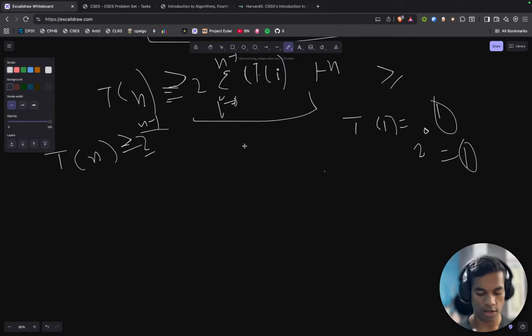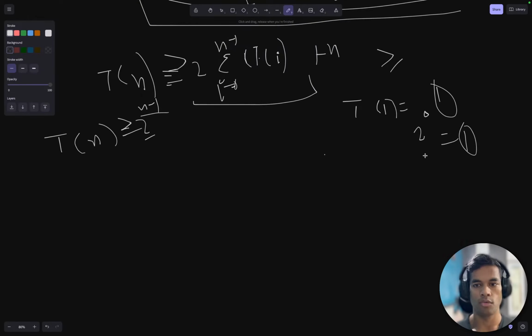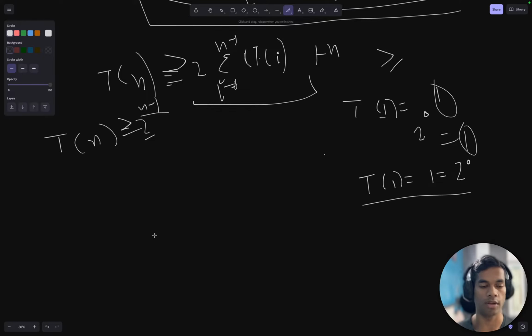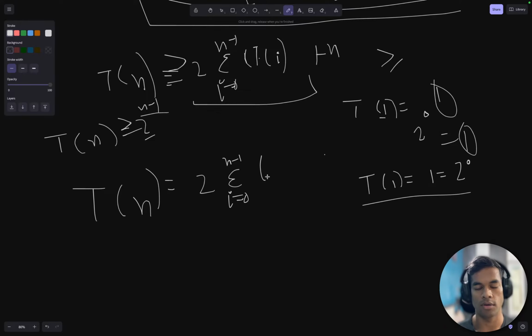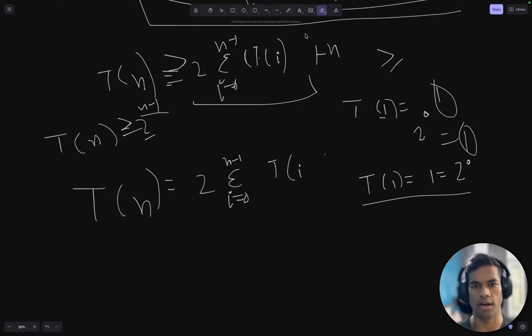So using induction, we can prove this. For our base case, when n equals 1, we have T1 equals 1, which is also equal to 2 power 0. So our base case is working. And from our recursion, T n equals 2 times the summation of Ti, i goes from 0 to n minus 1, plus n.